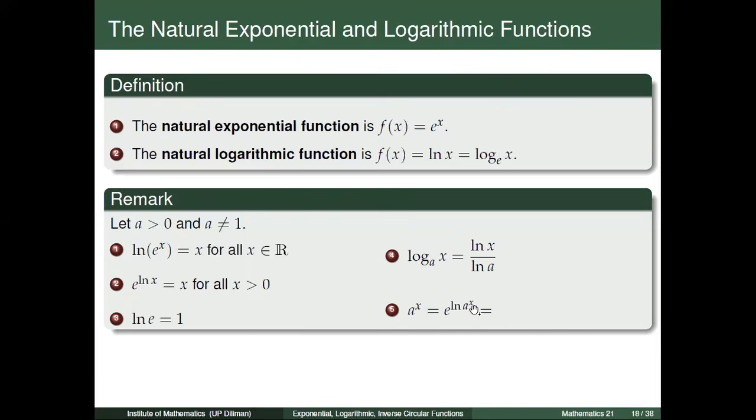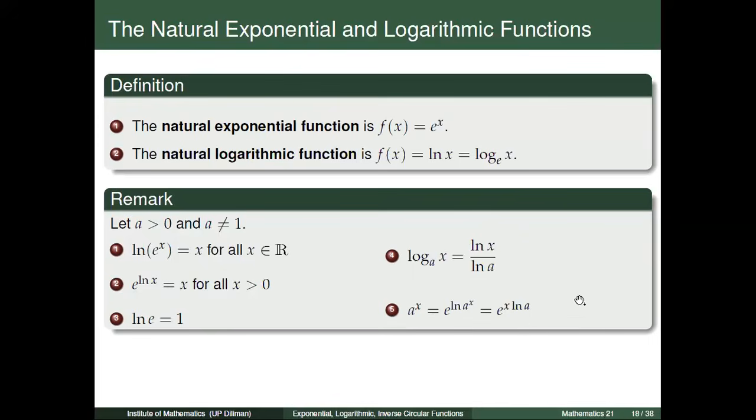And now using a certain property of logarithms, we may bring down the exponent, and we have e raised to x ln a. The last two remarks here tell us that any logarithmic function can be written in terms of the natural logarithmic function, and any exponential function can be written in terms of the natural exponential function.